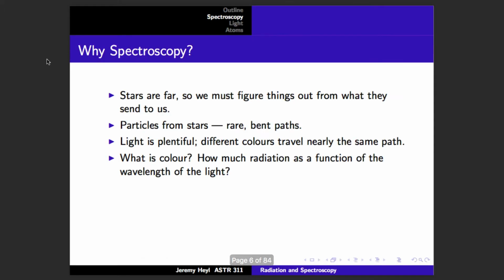That's very useful, so that I can identify where the information is coming from with an object. Now, I talk about different colors. They travel the same path. What does color mean? The color that we perceive when we look at something is telling us how much radiation, how much light we get at different wavelengths.